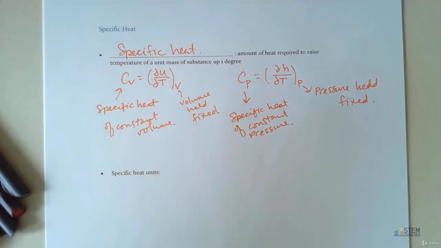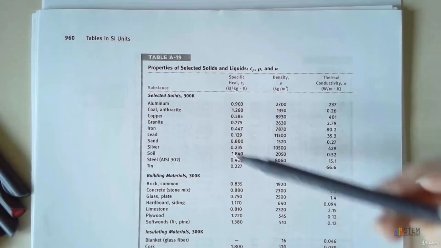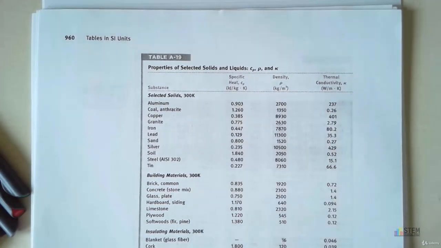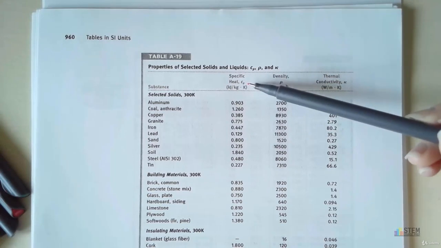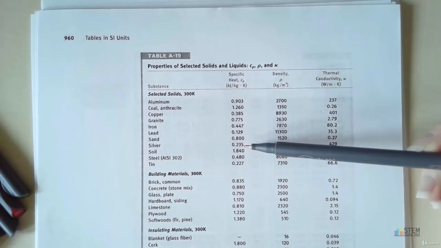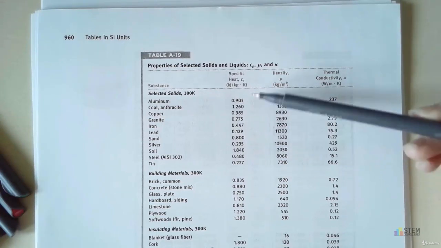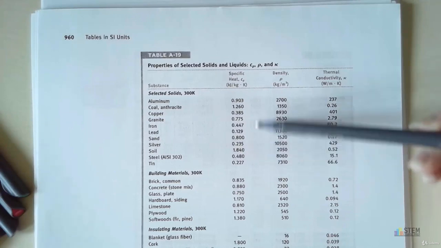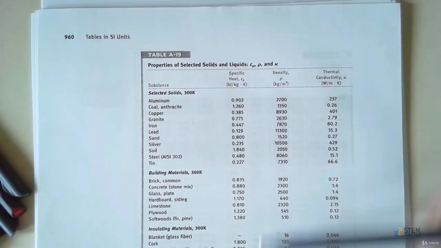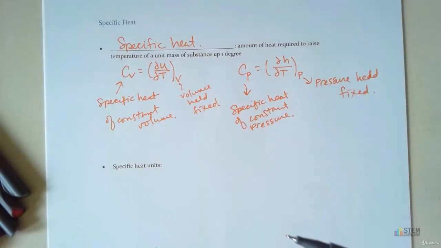So now if you look in the back of the book at table A19, you'll see we've got a list of substances, and then we've got specific heat. It gives you Cp, that's the one it gives you, specific heat at constant pressure. Later on I'll give you an equation that relates Cp to Cv, so you'll have the equation for both. So here would be the Cp values for the different substances.